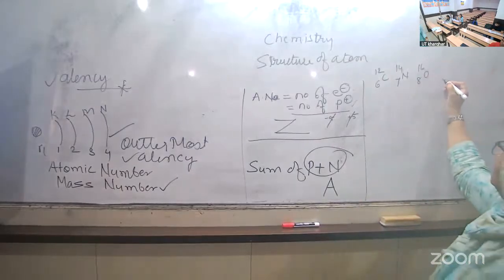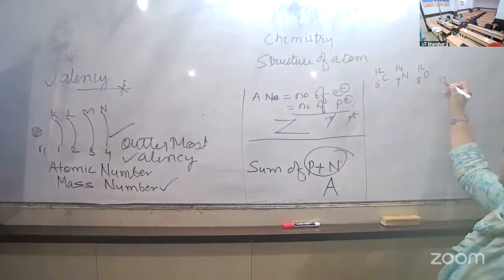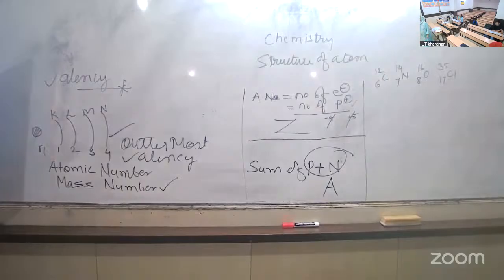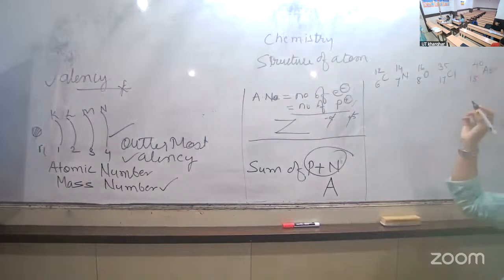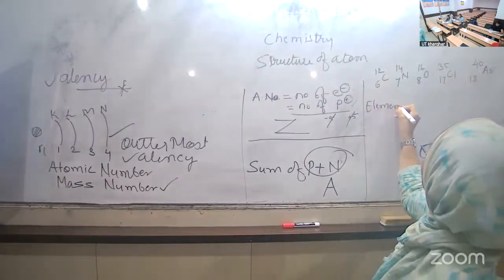Serially I am giving up 10, 70, CL, 35, eighteen, AR, 40.